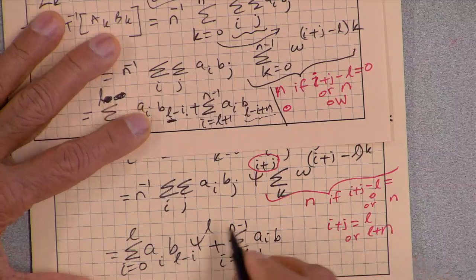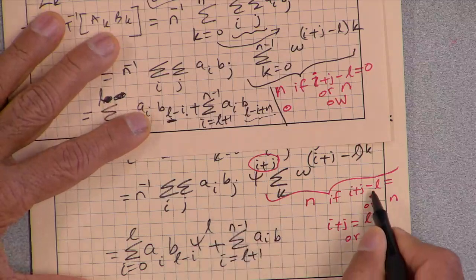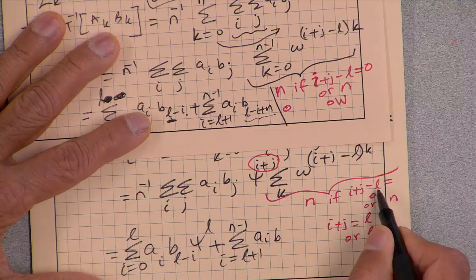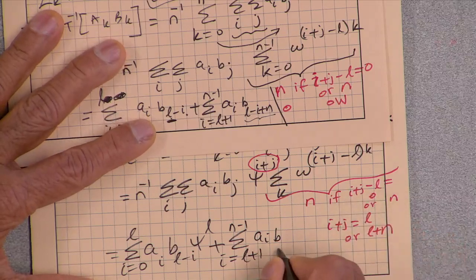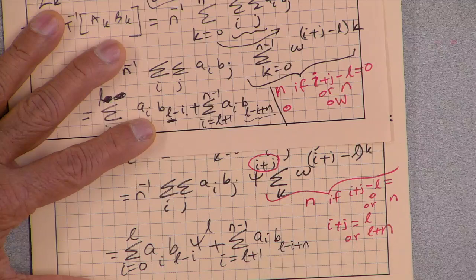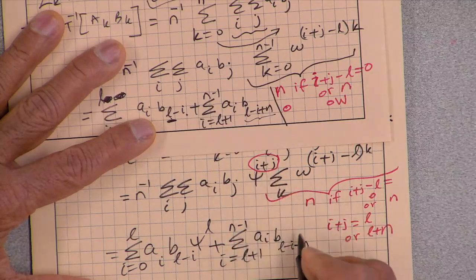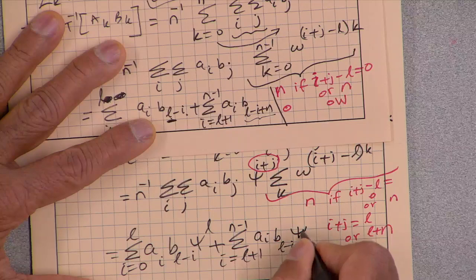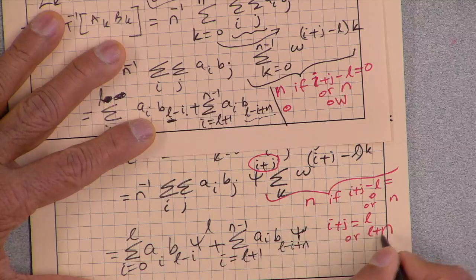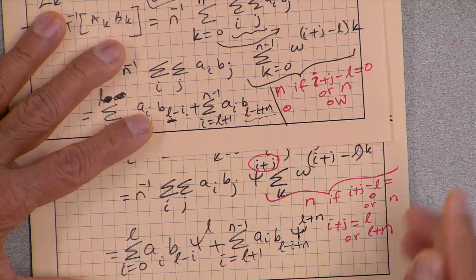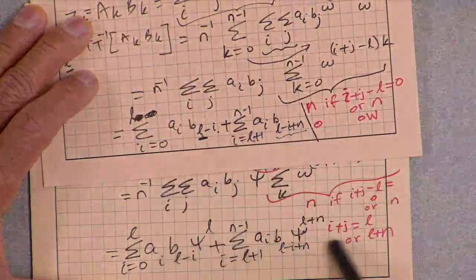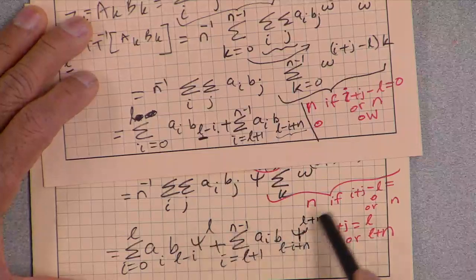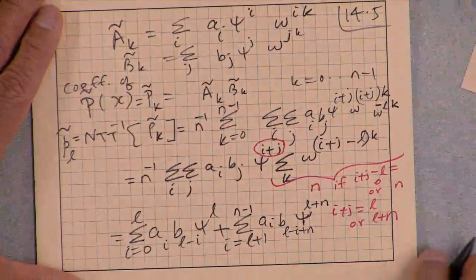Now I have to use i plus j minus L equal to n, and j is going to be L minus i plus n, and that psi to the power i plus j, I have to use as L plus n. Okay, so that's how the two sums become slightly different with this pre-processing of these psi terms.